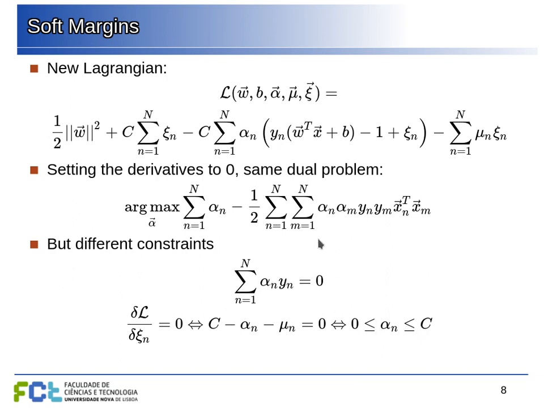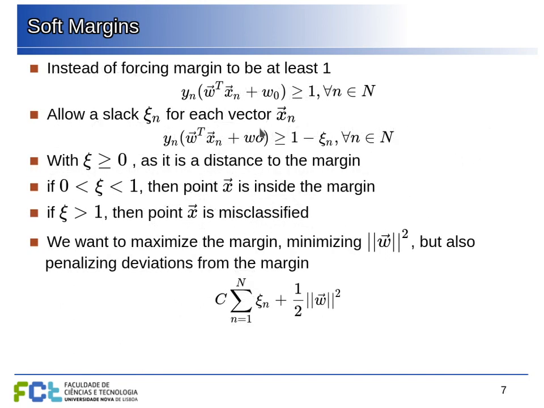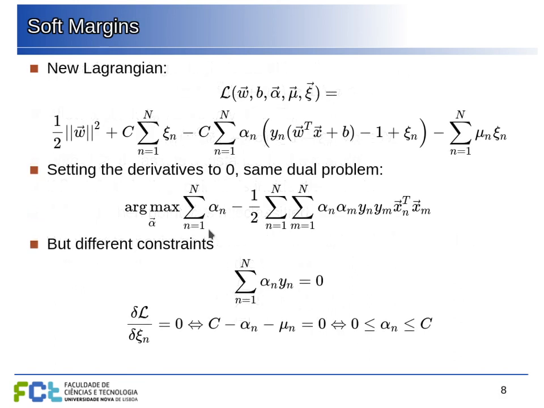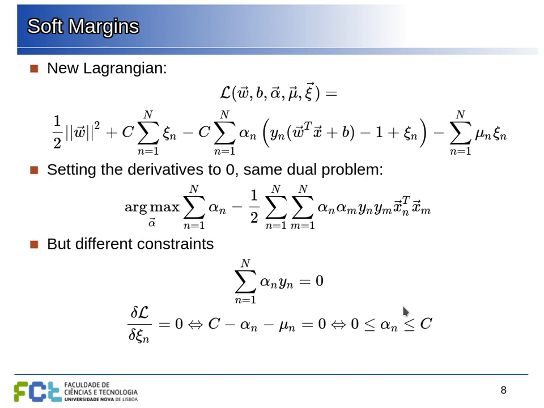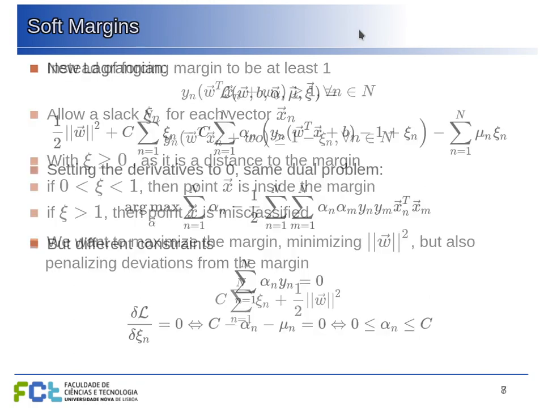So with this formulation of the problem, mathematically, adding these slack variables and adding this regularization term to our optimization ends up being exactly the same optimization problem for finding the alphas, with the only addition that now the upper boundary for each alpha is equal to c. So this same c that we are using here.